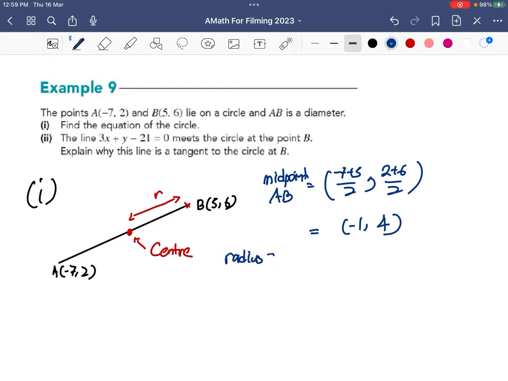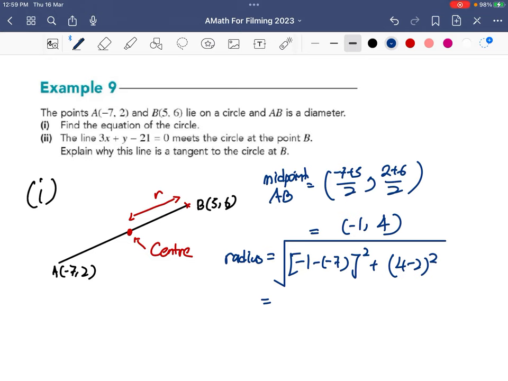So radius in itself is equals to square root of (-1, -7) square plus (4 minus 2) square. If you simplify, what you get is equals to 2 root 10. Okay, never mind, let me just do this. So there is 7 minus 1, 6, 36.